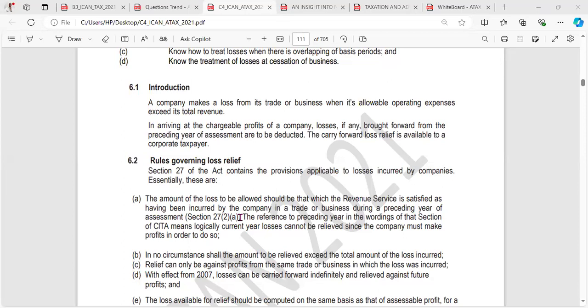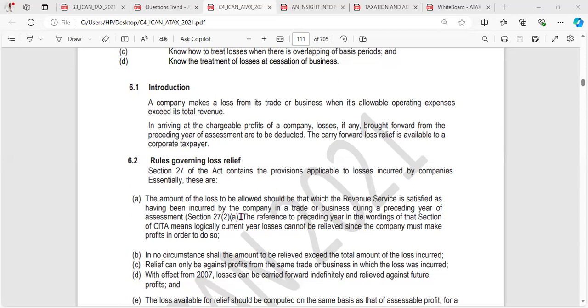So on the one hand, we have revenue. You need to deduct operating expenses. And if your operating expenses that are allowable by law is higher than the total revenue you generate, then you have made a loss. Or we could say a loss from the tax perspective.